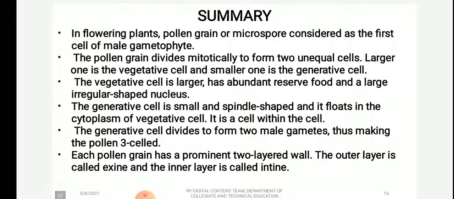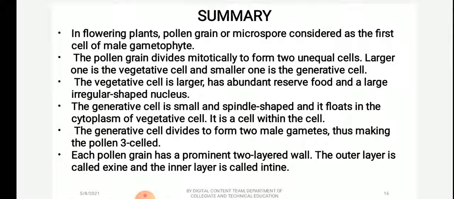Okay, let's revise what we have studied in this session. We have studied that the pollen grain or microspore is considered the first cell of the male gametophyte. Further, this pollen grain undergoes the first mitotic division to form a vegetative cell, which is bigger, and a generative cell, which is smaller.